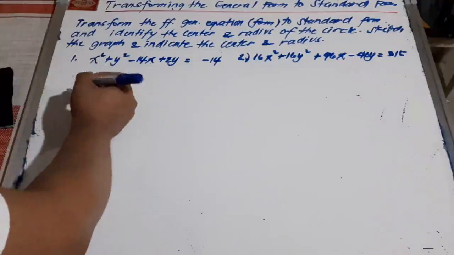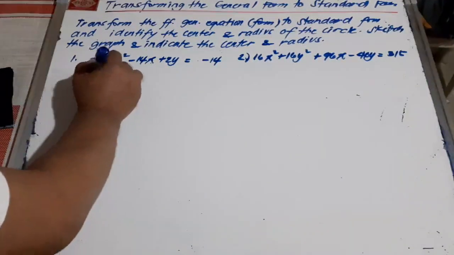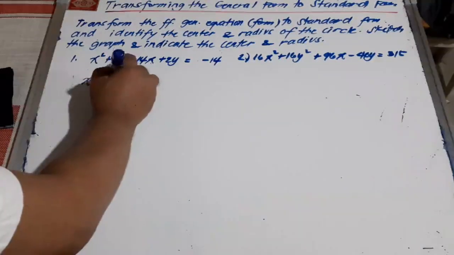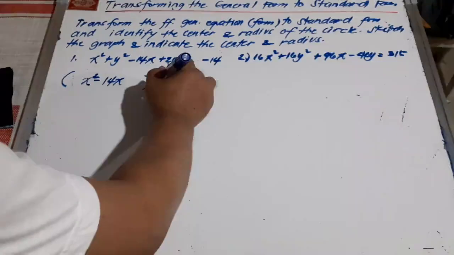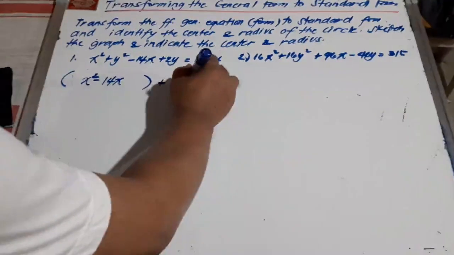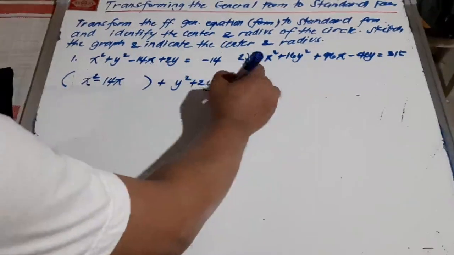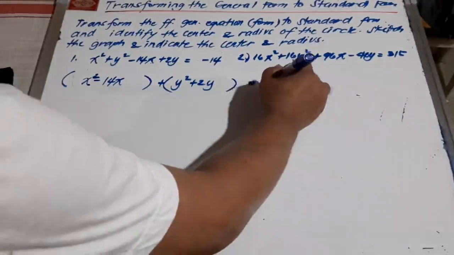Okay, the x squared and x term, pwede nating first group. Then yung y variable, we have y squared and 2y equals negative 14.